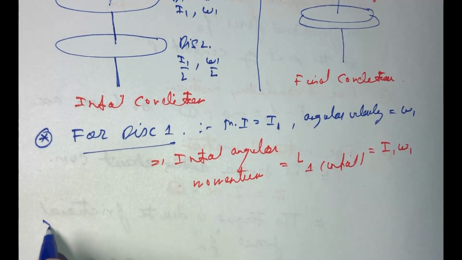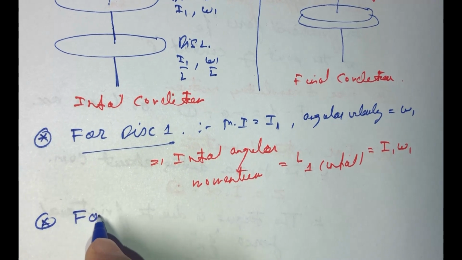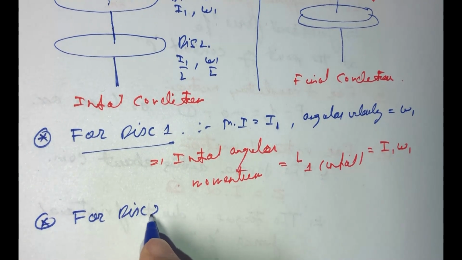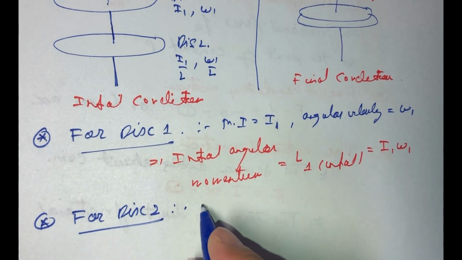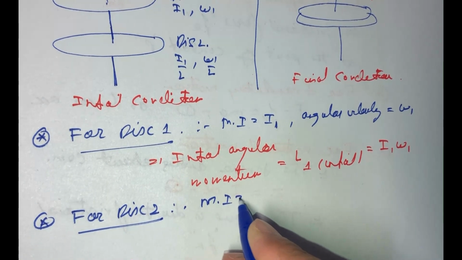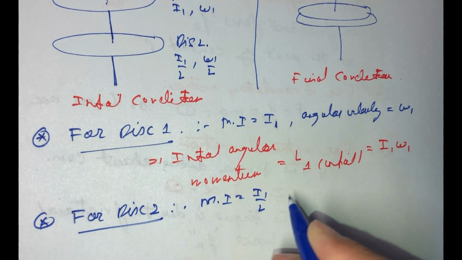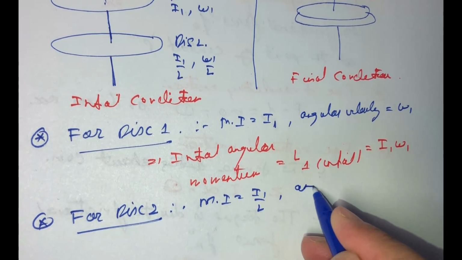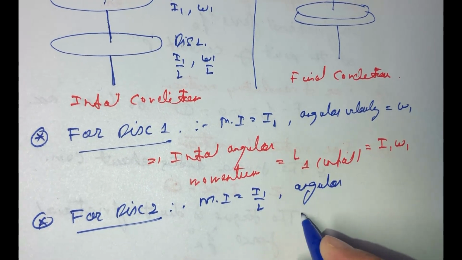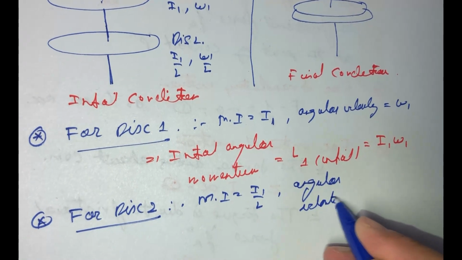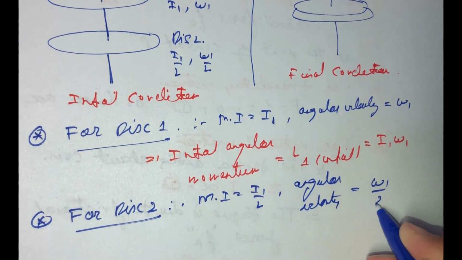For disk 2, moment of inertia is given as I1 by 2 and angular velocity is given as omega 1 by 2.